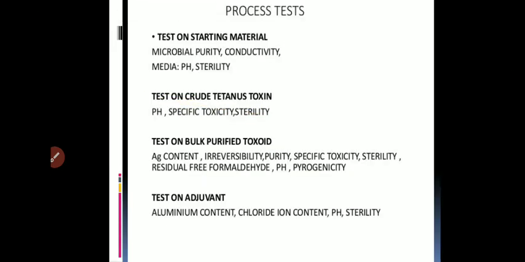Then specific toxoid or the toxicity testing should be carried out of the product. After the production, different types of adjuvants like alum contain chloride ions, and their pH and sterility should be also checked of the adjuvants and the preservatives.